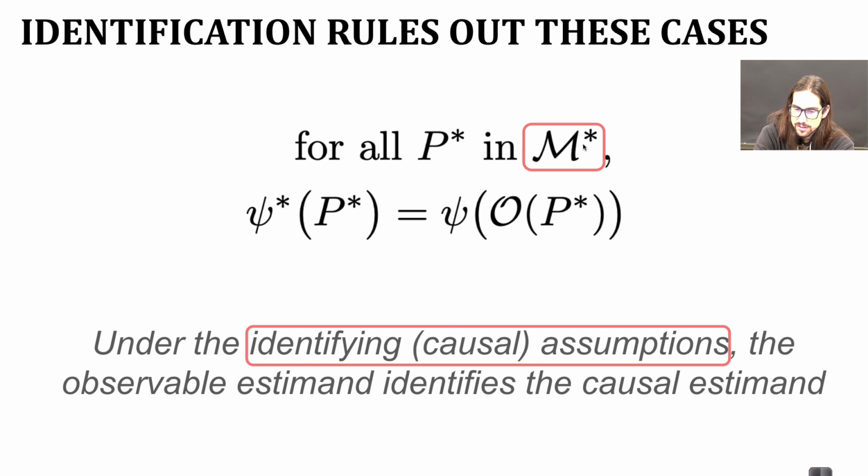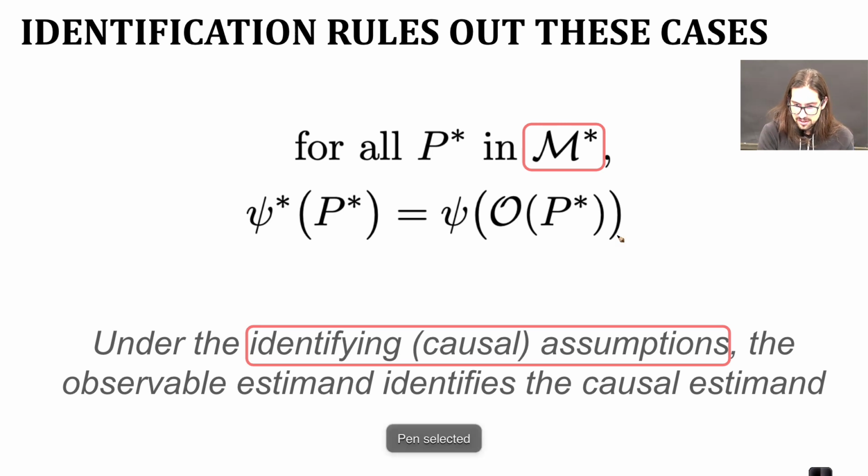M star is the set of causal distributions where such and such thing happens, for example, where YA is independent from A. So for all P star in M star, this is the identified causal model, we have that the causal estimand is equal to the observable estimand evaluated at the observable transformation of the causal data generating process.